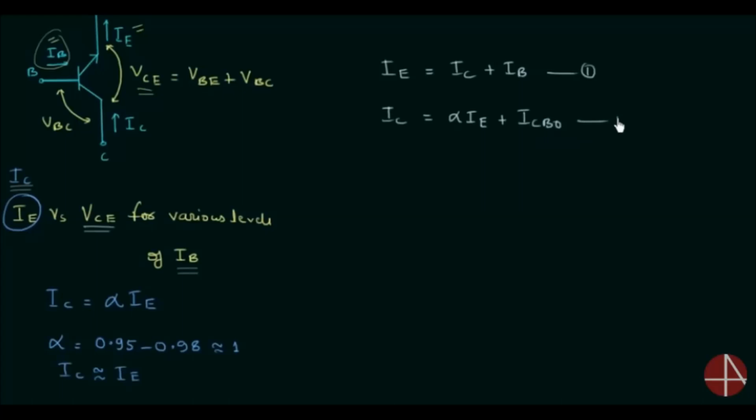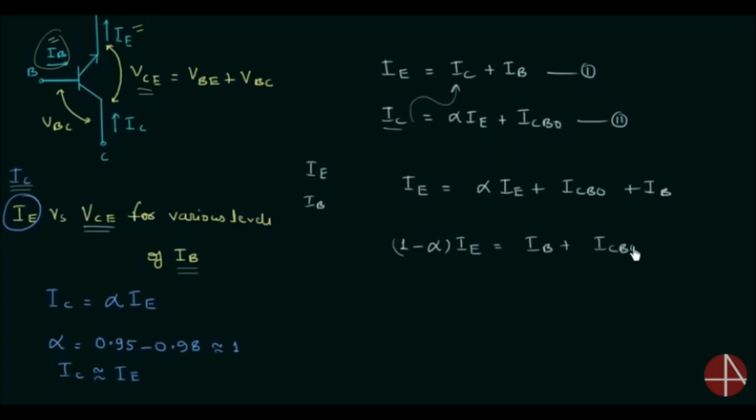This is equation number 1 and this is equation number 2. I want to see how output current, that is emitter current, varies as function of input current, that is base current. I will use these two equations, and by using them I have IE equal to alpha times IE plus ICBO plus IB. I got this by substituting the value of collector current in the first equation. I can further simplify this as 1 minus alpha IE equal to IB plus ICBO.